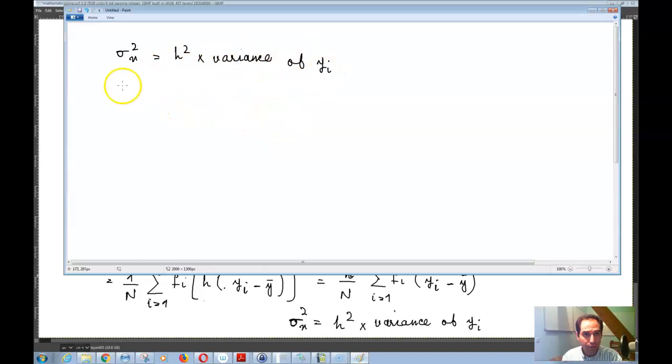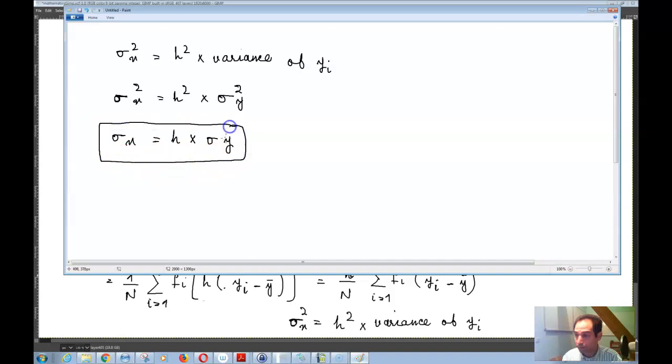Or I can write the variance of the variable x is equal to h squared times the variance of the variable y, which is sigma of y whole squared. Or I can write sigma of x is equal to h times sigma of y, taking the square root of both sides of the equation. Right, so that is one thing that we have here.